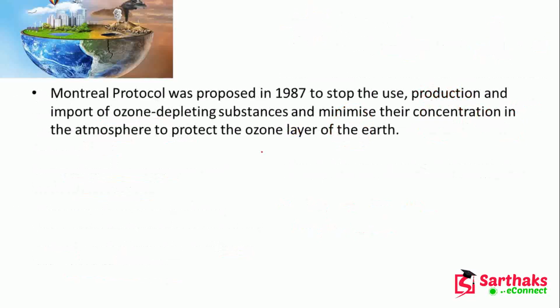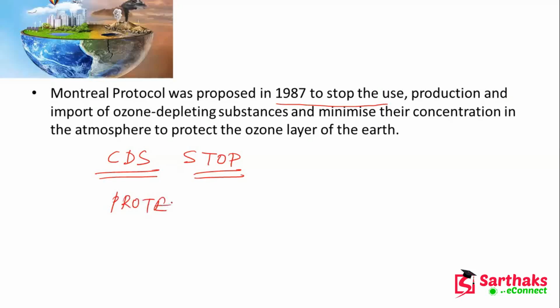Next, the Montreal Protocol was proposed in 1987 to stop the use, production and import of ozone depleting substances, and to minimize their concentration in the atmosphere, because we have to protect our O3 layer, otherwise there will be no way to live.